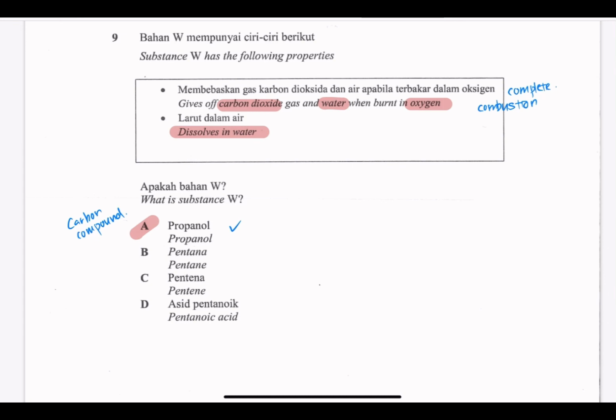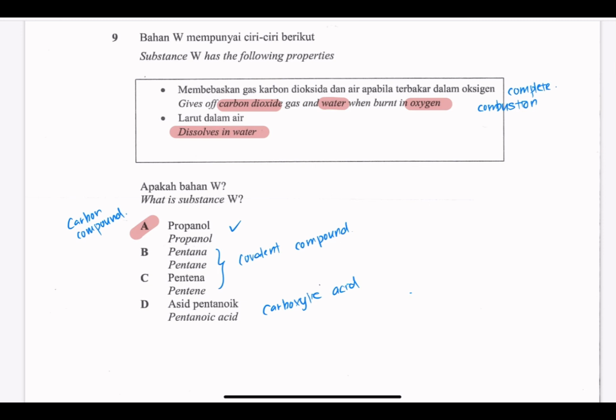Okay, why can pentane and pentene not be dissolved in water? These are covalent compounds, covalent compounds do not dissolve in water. So how about pentanoic acid? For carboxylic acids, the solubility decreases going down the homologous series.